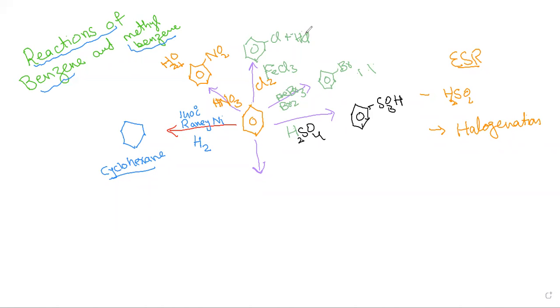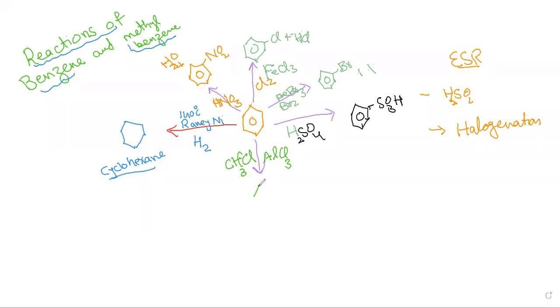And now we have a very important reaction on which the new reactions are based, that is alkylation. In alkylation, we have the attachment of a methyl group to the benzene. So we react it with CH3Cl, and the catalyst will be AlCl3.